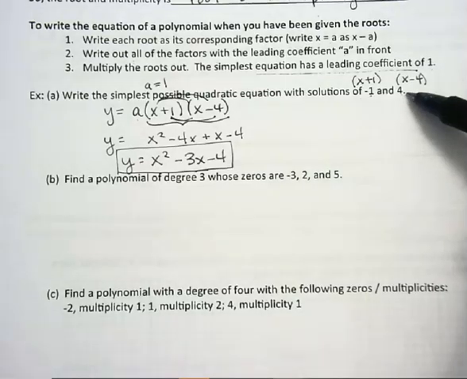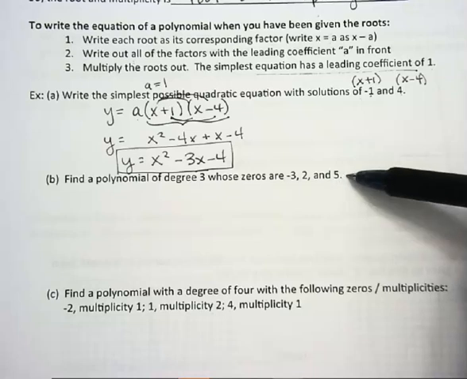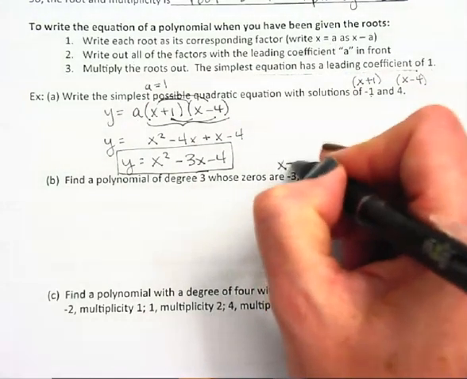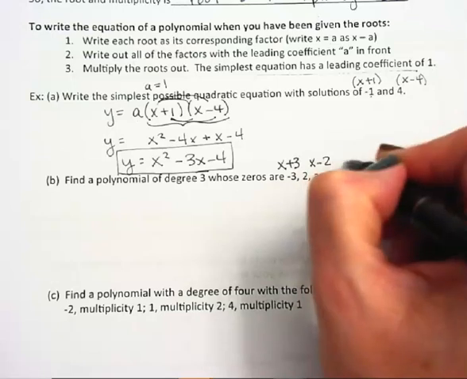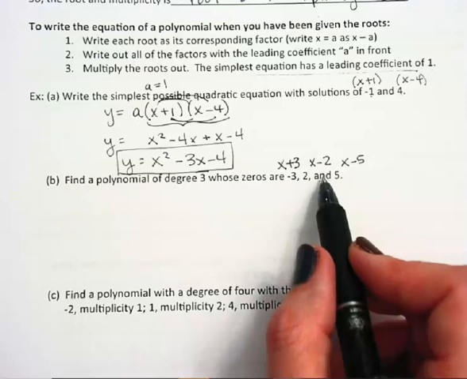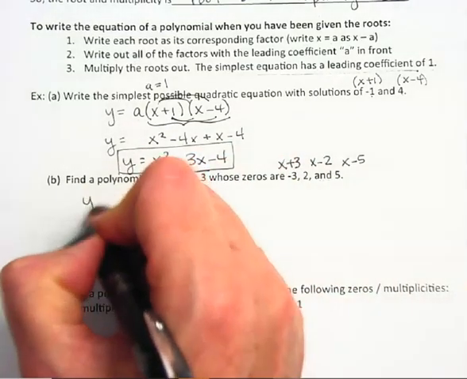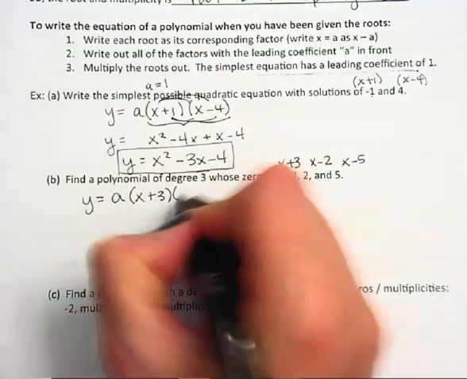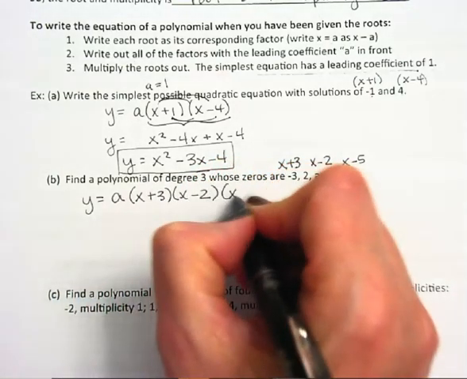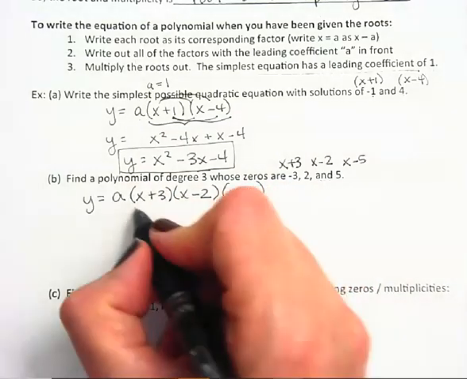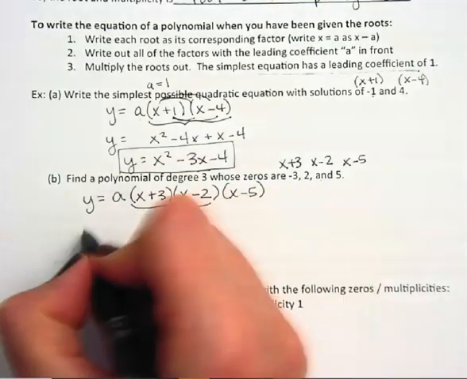The difference between this problem and the next one is that I have an additional 0 here. So I'm going to set the problem up the same. These are the corresponding factored forms for those zeros, x plus 3, x minus 2, x minus 5. I'm going to set up my equation in factored form. And this time what I'm going to do is multiply the first two binomials together.